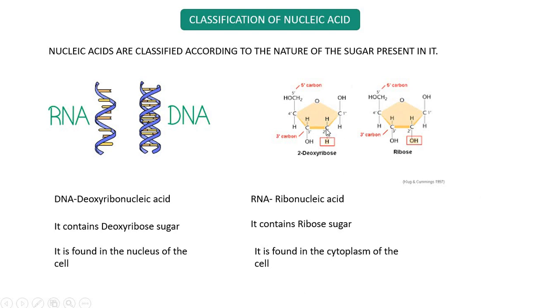You see here at the second carbon there is no OH group, so it is known as 2-deoxyribose. While in ribose sugar at the 2 carbon there is an OH group. The rest of the structure is the same, and if you give the numbering, you will find that this is carbon number 1, 2, 3, 4 and 5. So this is the 5 dash carbon end and this is the 3 dash carbon end, remember. So these are the differences between the sugars which are present in DNA and RNA.